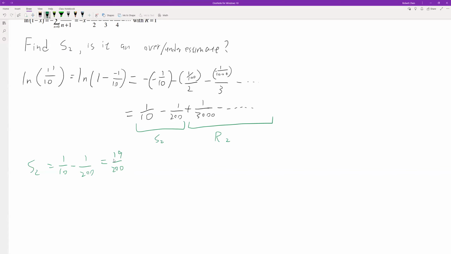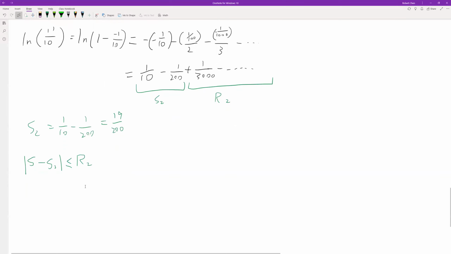Okay. And then we know that the absolute value of S minus S2 is going to be less than or equal to R2. But we don't actually need to worry about that, though we can write it out. So that becomes S minus 19/200 is less than or equal to, sorry, not R2, b3, the first term in the omitted series, 1/3000.